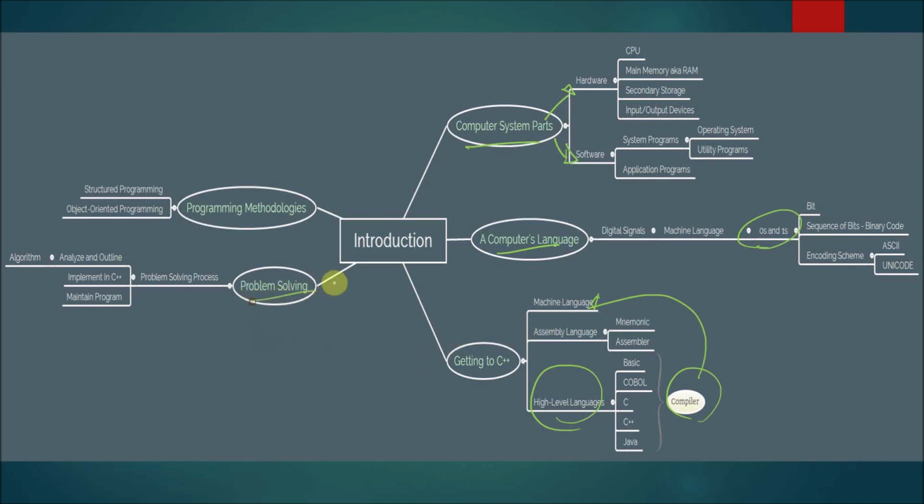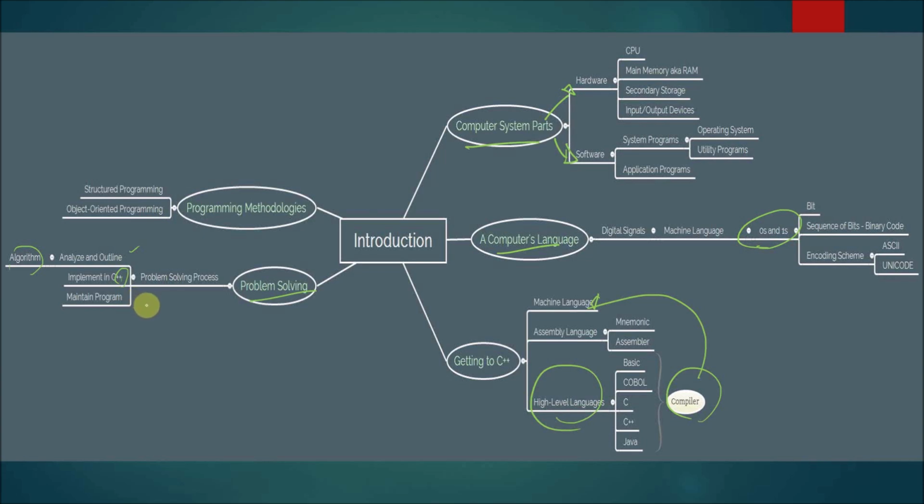We then talked about problem solving and how we use algorithms to help us get to our code. We use the algorithm to provide an outline and basis for us to code, which can then be executed to our satisfaction.